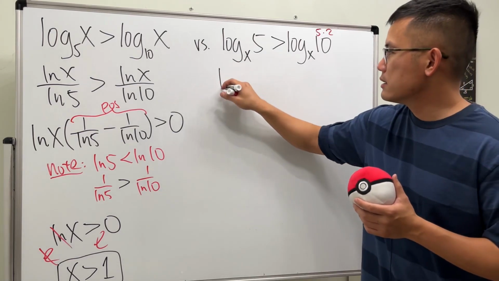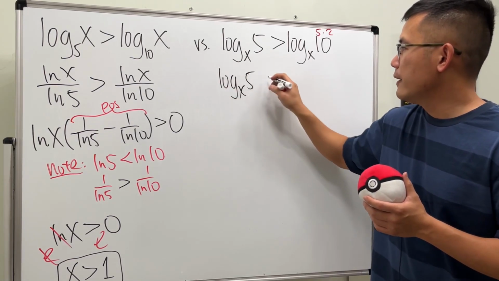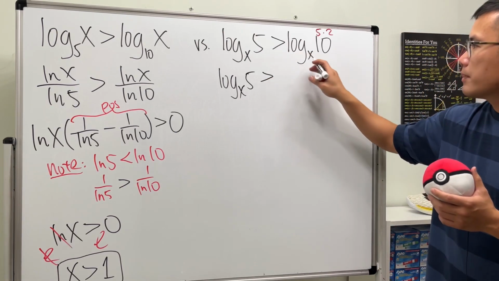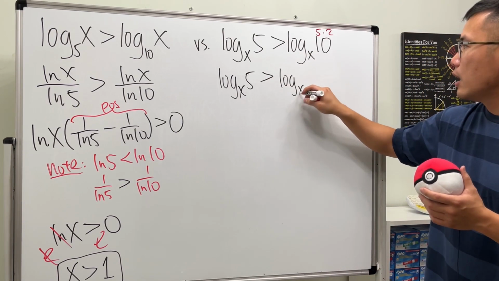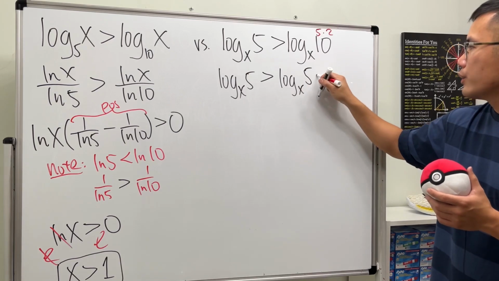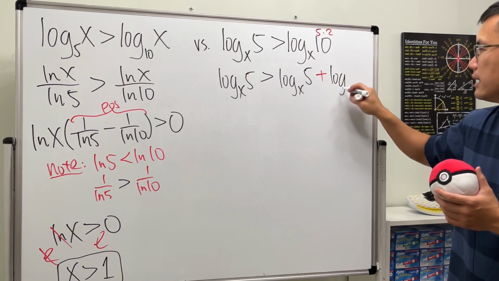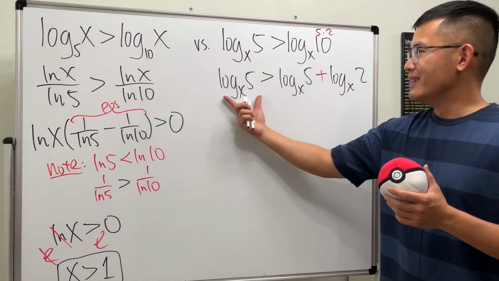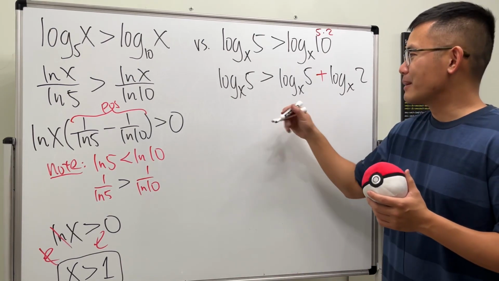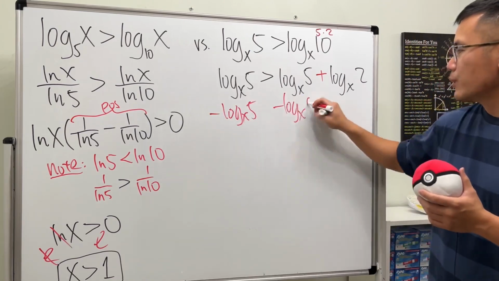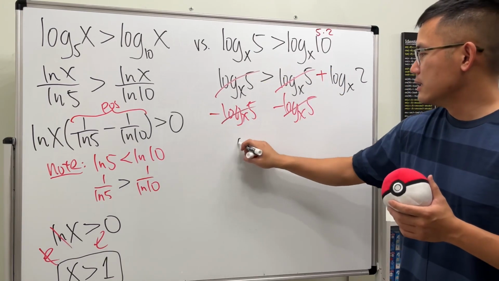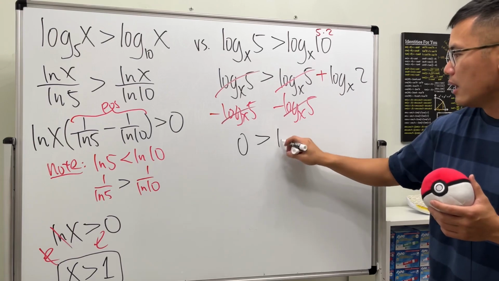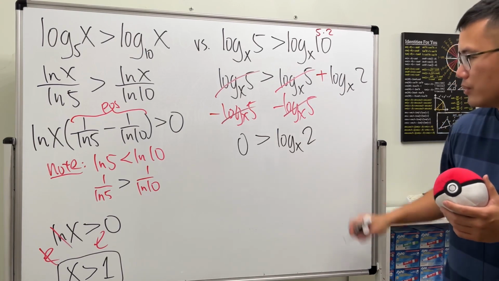So we have log base x of 5 greater than log base x of 5 plus log base x of 2. Now, they are on both sides, so we can subtract them on both sides, and we look at 0 greater than log base x of 2.